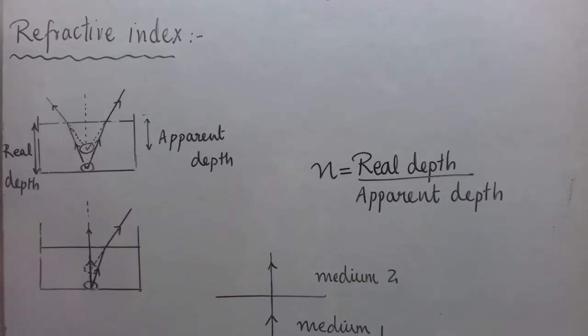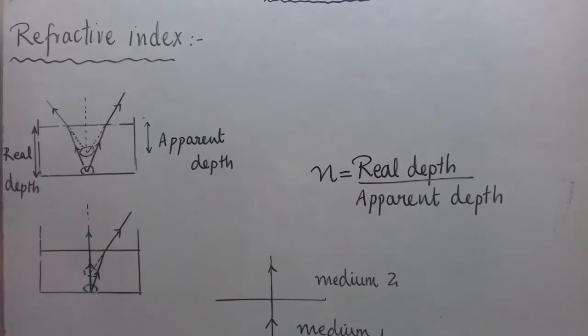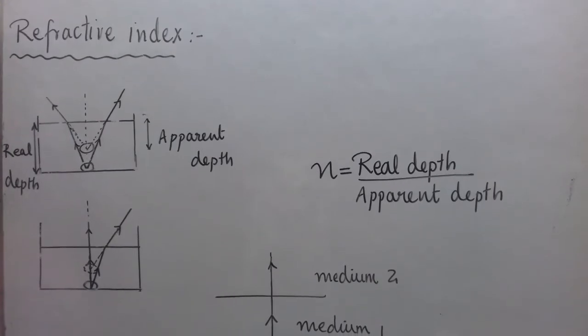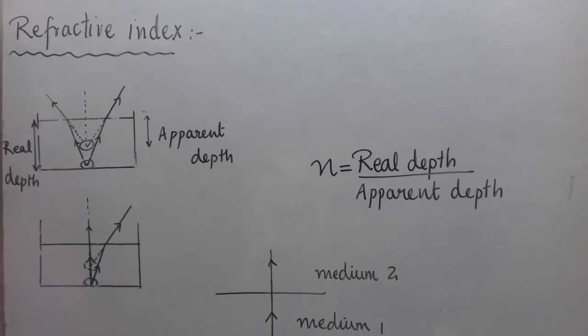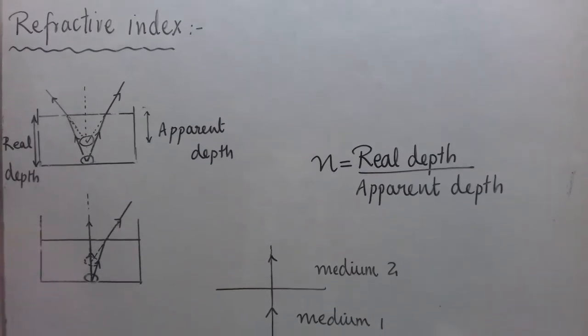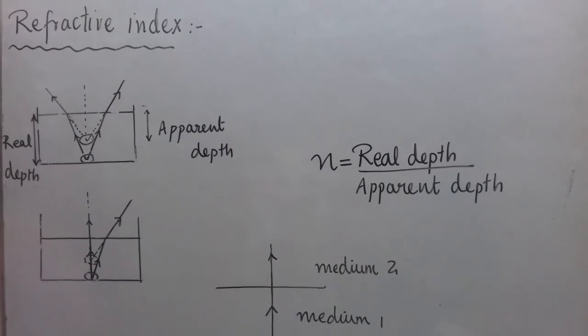Similar to that, if you see a swimming pool, we may feel that it is shallow, not very deep. Depth of water seems to be less. But actually when you step into the pool, you see that it is deeper than what you had expected. That is all because of refraction of light that takes place through the water.